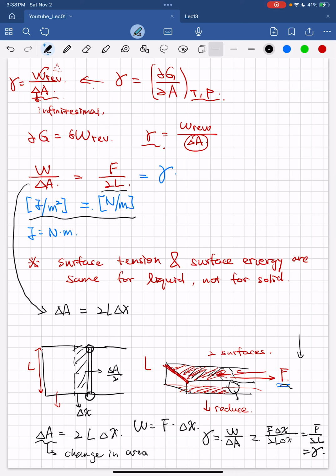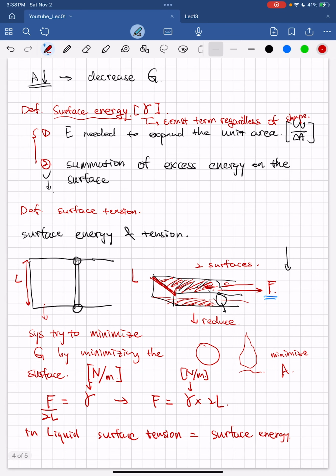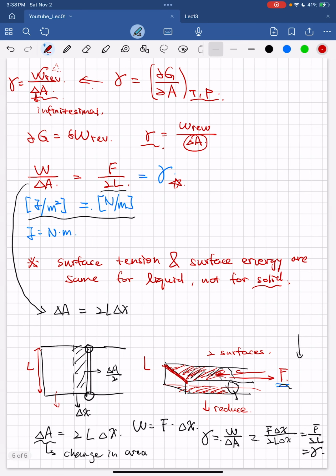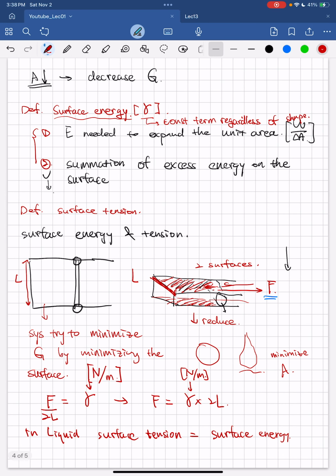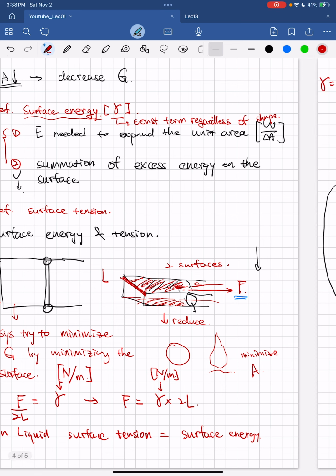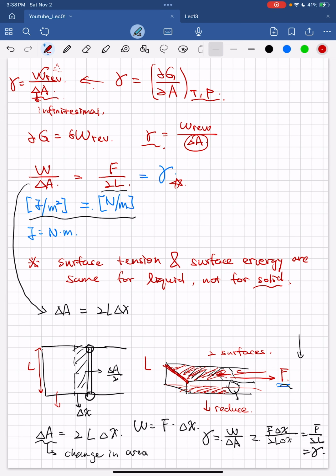See? So we just proved that this is the same for liquid. But this is different for solid. We'll keep talking about that in the next lecture. But this is the basic introduction to the surface energy and tension concept in liquid. So much for our lecture today. Thank you for listening.